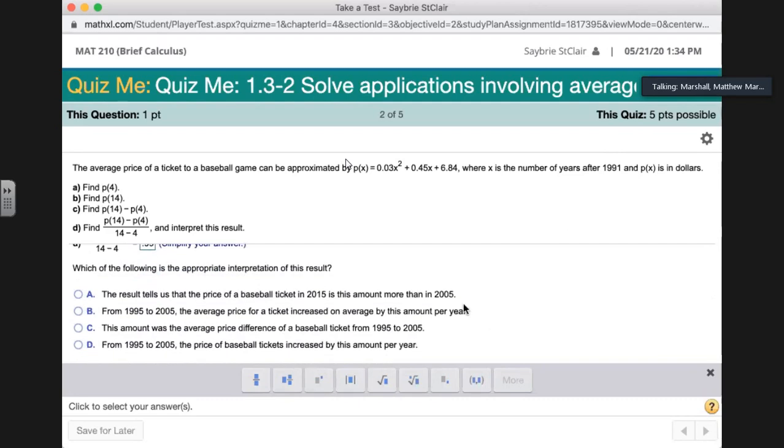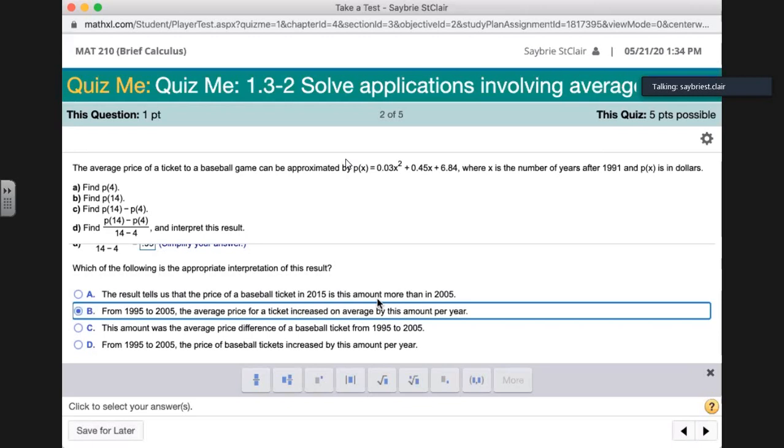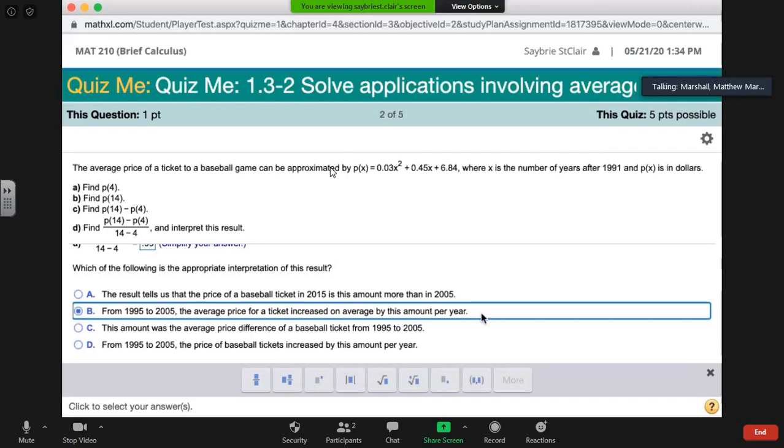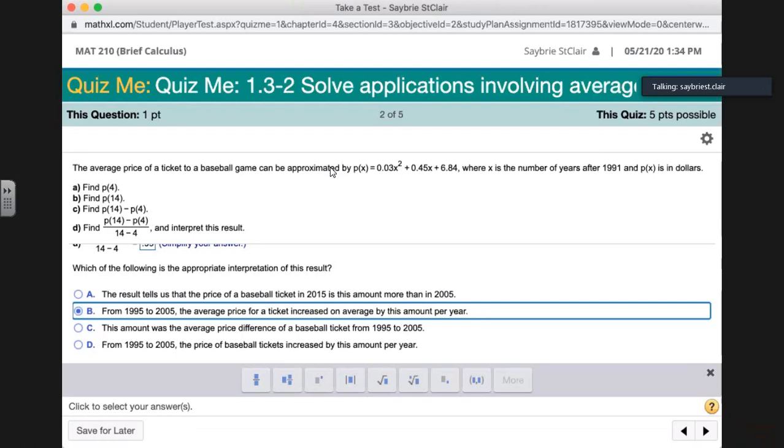And then that was from 1995, where the price was 9.12, to 2005, where it went up to 19.02. So that was that B answer, right? This result. Wait, hold on. The amount. Yeah, that was that B one. That's the average.